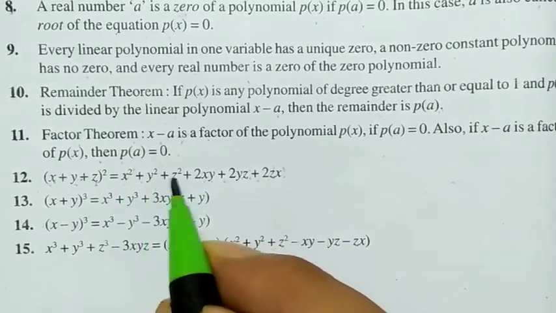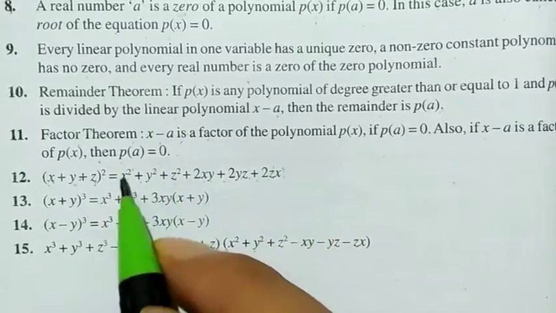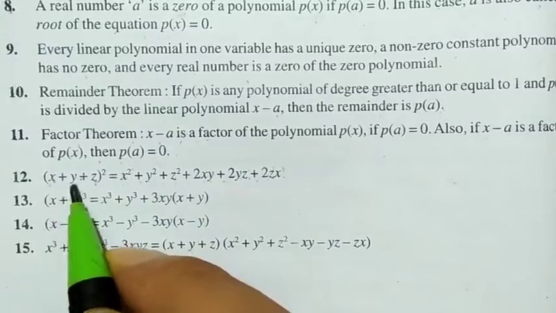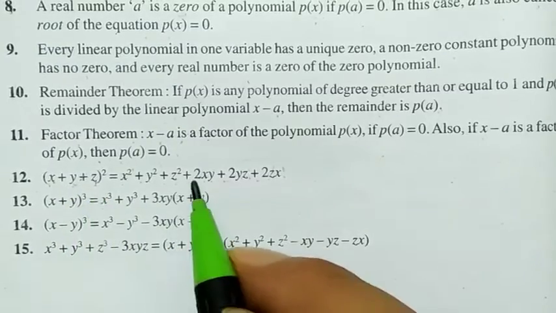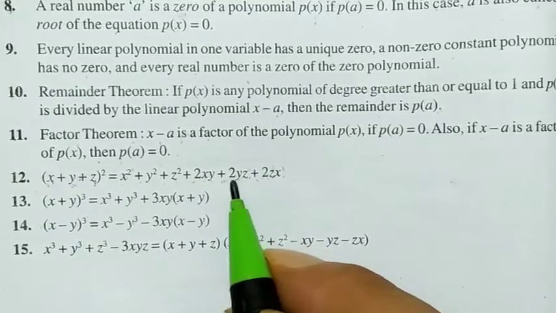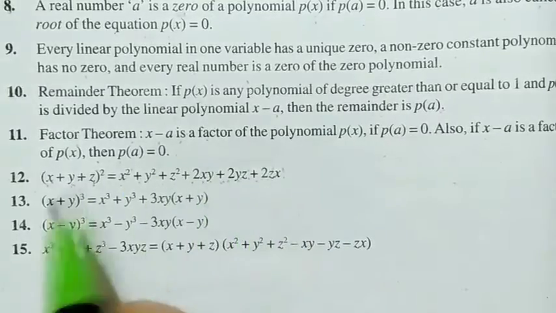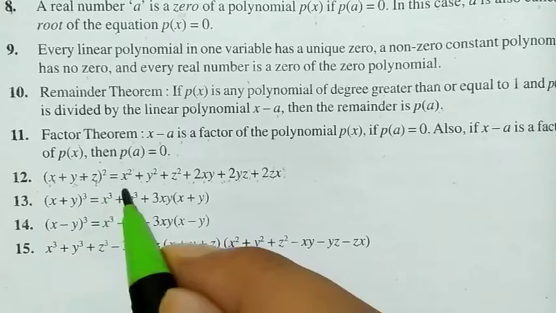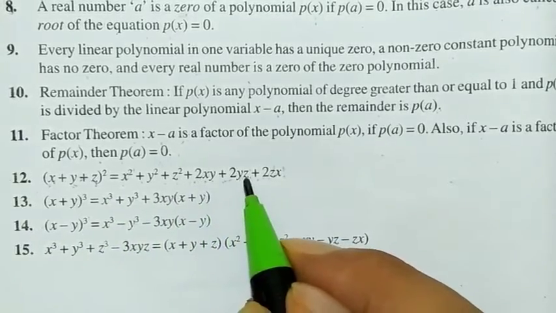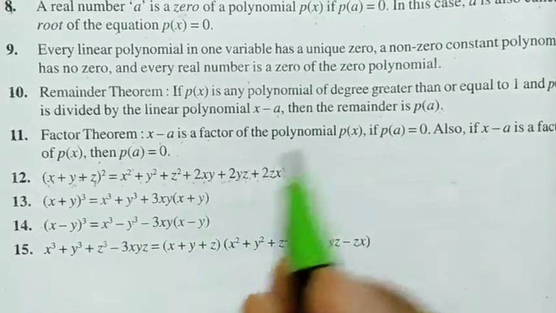Here x power 2, y power 2, z power 2. So in every term the highest power is 2. There are 3 variables, x, y and z, and 2 is the coefficient of the terms 2xy, 2yz and 2zx. So (x + y + z) whole square is x square plus y square plus z square plus 2xy plus 2yz plus 2zx.